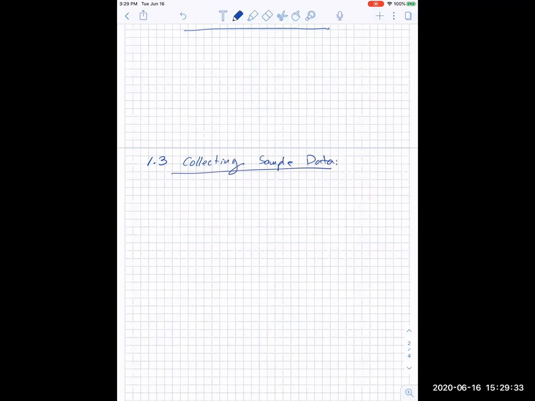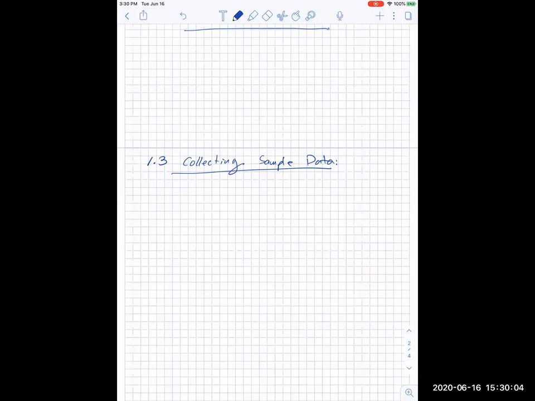So when you use statistics in a study, planning is very important. It is essential to use an appropriate scientific sampling method to collect data. In this section, we're going to talk about the different methods that we can use to collect sample data.